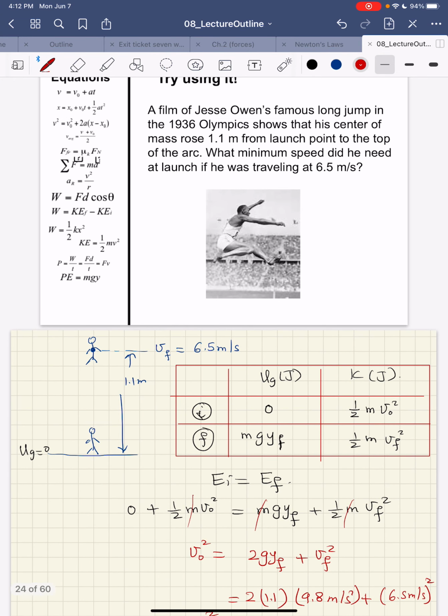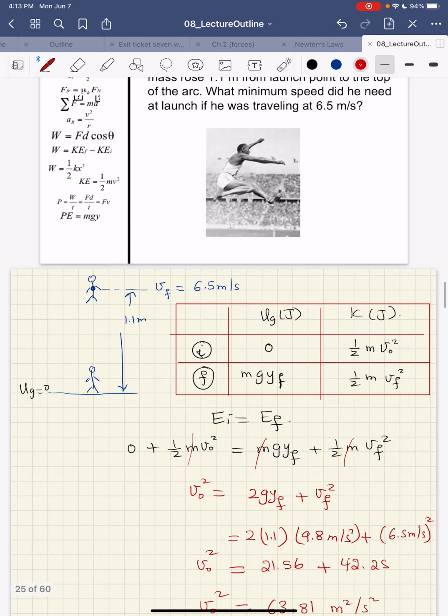Here I have my athlete jumping, and this is 1.1 meters. At that moment he has a speed of 6.5 meters per second, and I'm looking to find what minimum speed did he need at launching so that he will be able to get that velocity and that height.